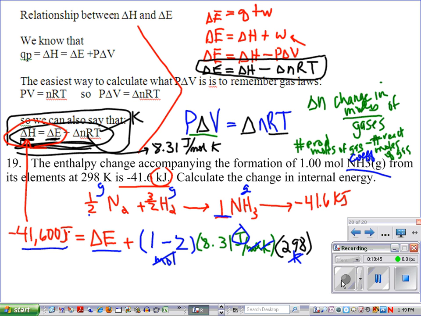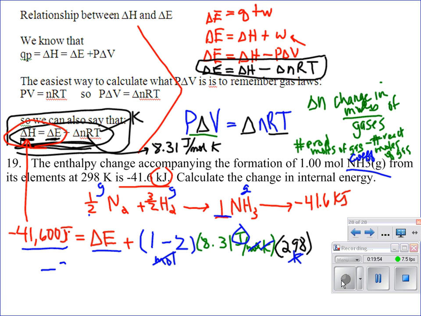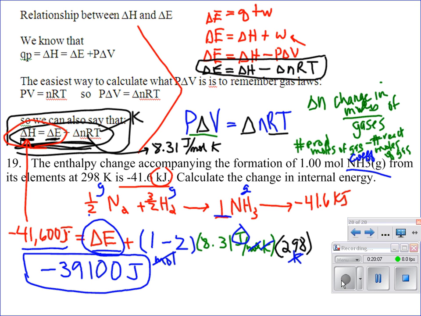Okay. So, Chris, tell me one more time. Negative 39,100 joules, but we're not looking for a delta H, right? So we're just going to leave it as joules. Do you all agree with that number? I'm hearing some dissension. Yes.